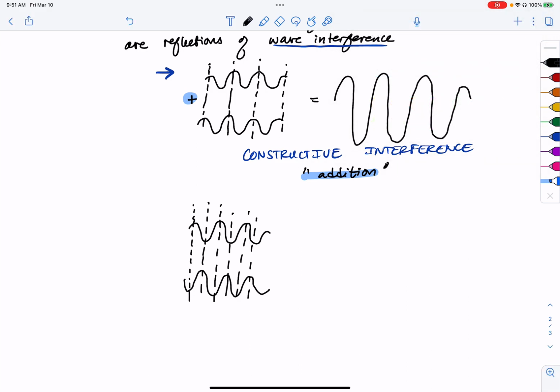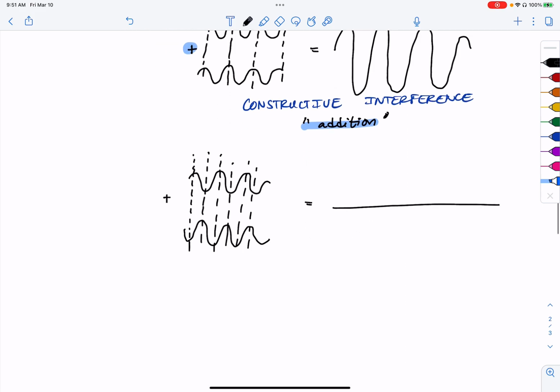So if I were to add these together, this would give me a wave with zero amplitude. This is our destructive interference. And this could be thought of as the subtraction combination.